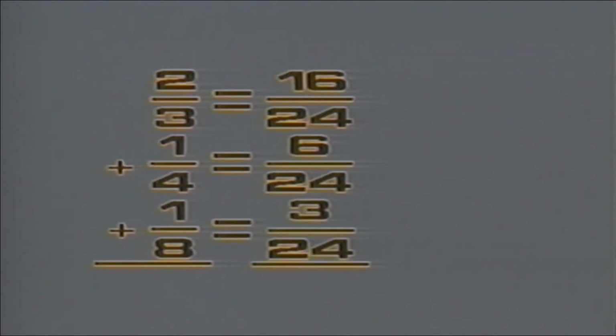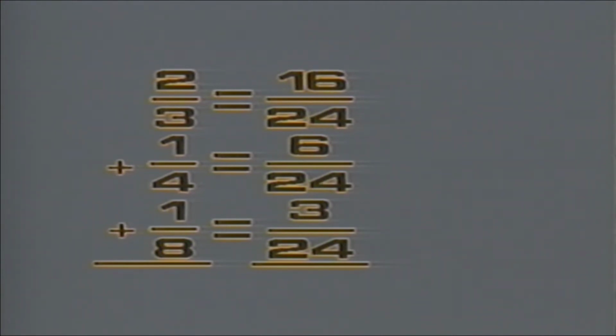We already know that the LCD is 24. 2/3 equals 16 24ths. 1/4 equals 6 24ths. And 1/8 equals 3 24ths.